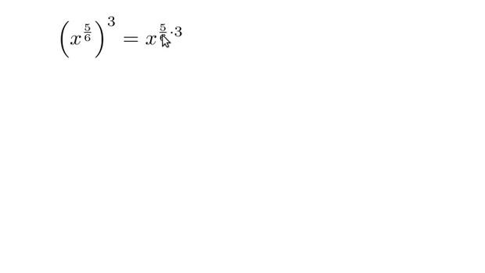Now that times 3 is in the exponent there. I don't know how clear that is, but that 3 is in the same line as 5/6, not x. So that means that that's going to be x to the power of 15 over 6.